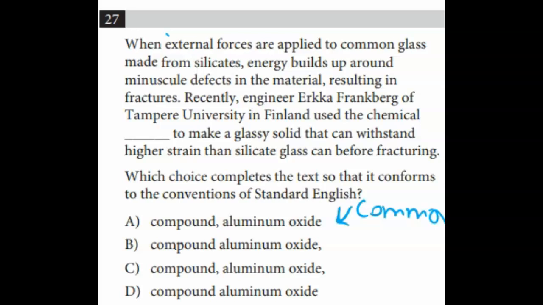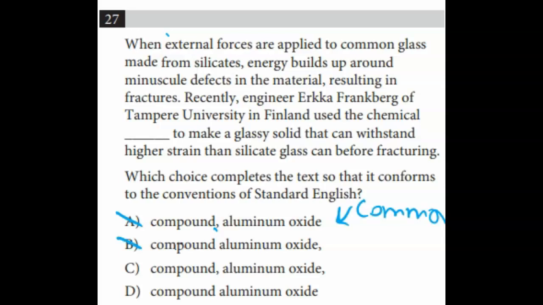Okay, so we need to know whether we're going to put a comma around compound and aluminum oxide. "Recently, engineer Erika Frankberg of Tampere University in Finland used the chemical compound aluminum oxide to make a glassy solid." I know it's not going to be this because there's no separating. You're not just going to put one comma there.